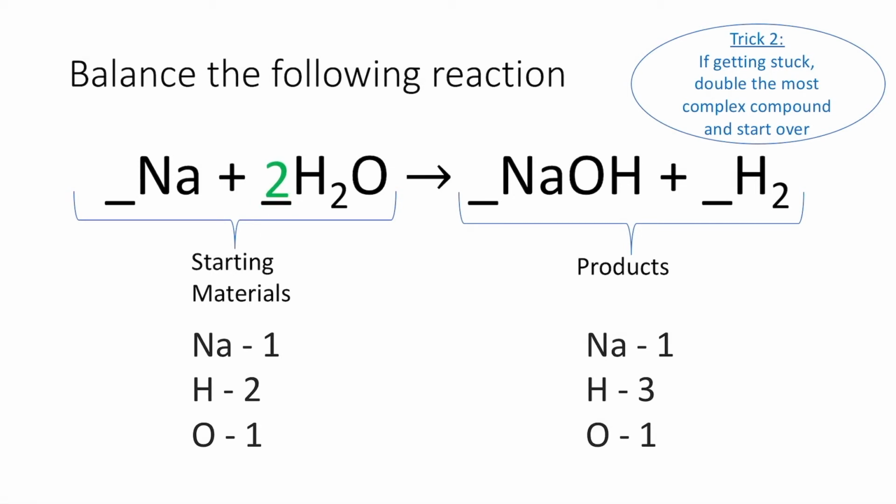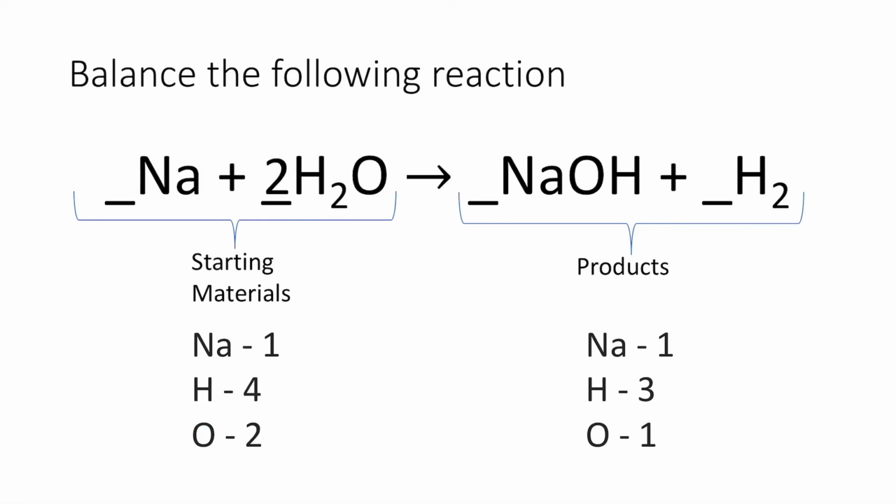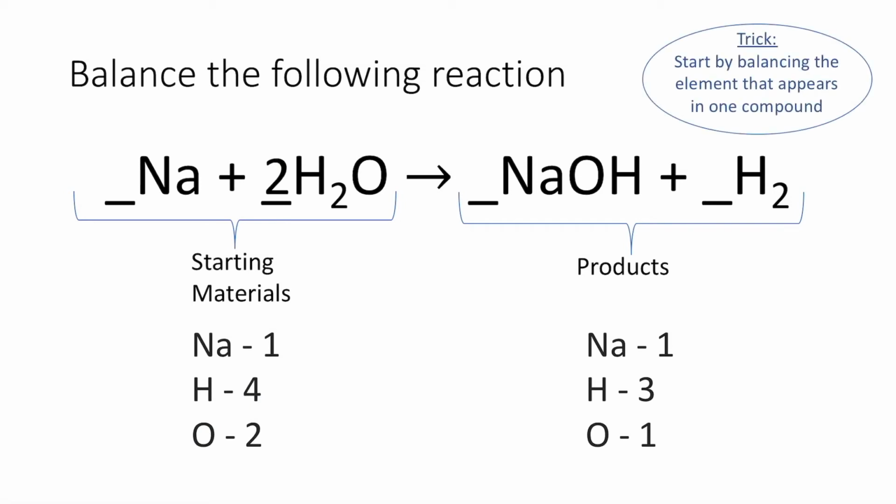I recount the number of elements that I have. I have 4 for the hydrogen element and 2 for the oxygen element. Now I'm going to start balancing the reaction like usual. Applying the first trick that I introduced, I'm going to balance the oxygen element. I have 2 on the left side of the reaction and 1 on the right side.